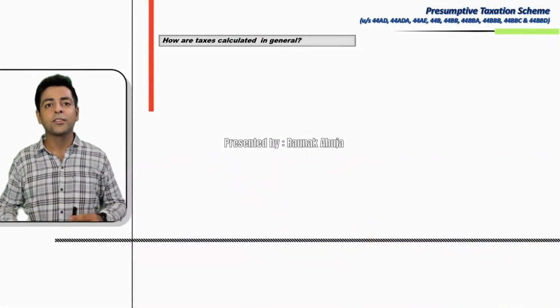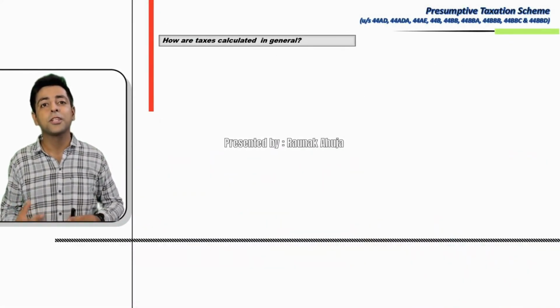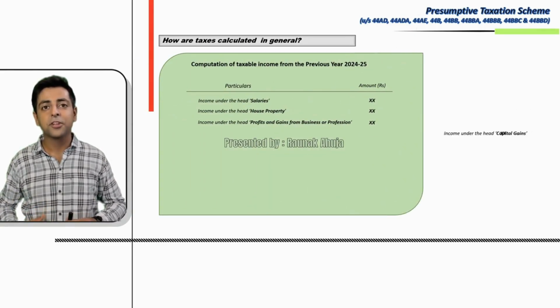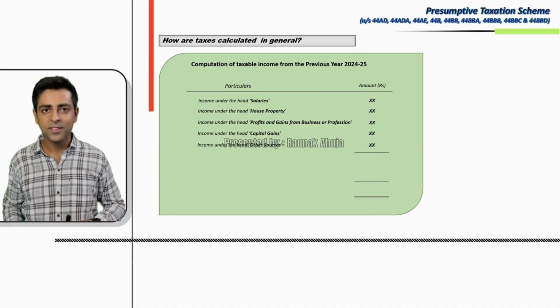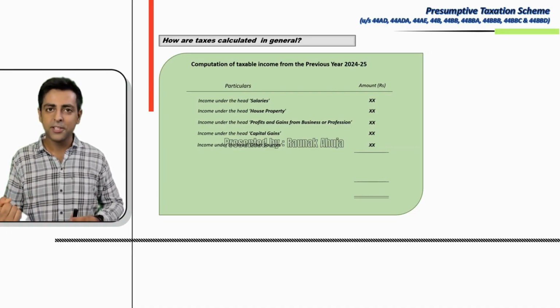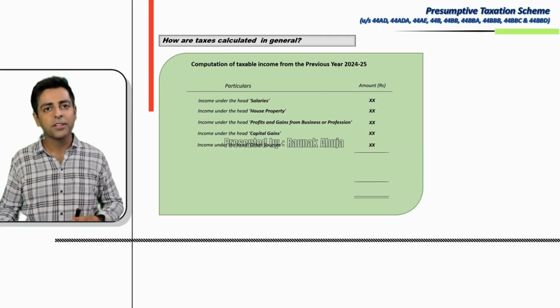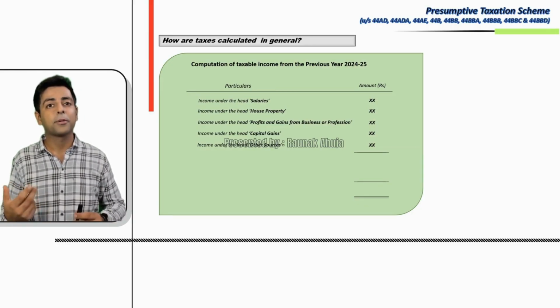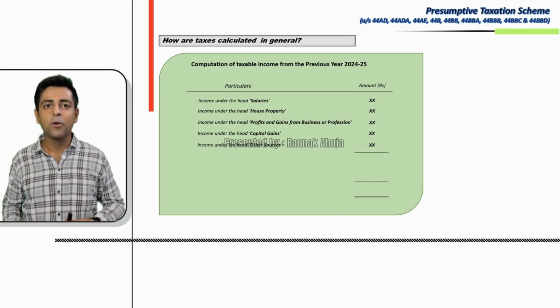Now, before we try to understand how presumptive taxation scheme works, let's first try and understand how income taxes are generally calculated. First of all, we try to calculate incomes under all five heads of income. That is, income from salaries, income from house property, income from business or profession, income from capital gains, and income from other sources.